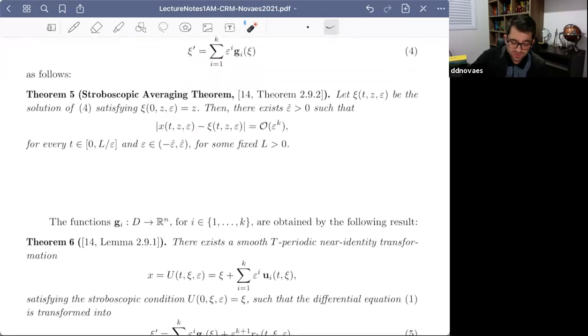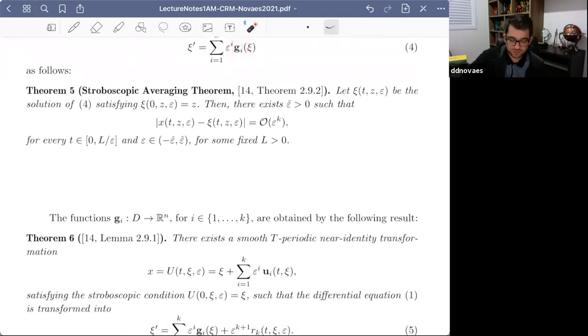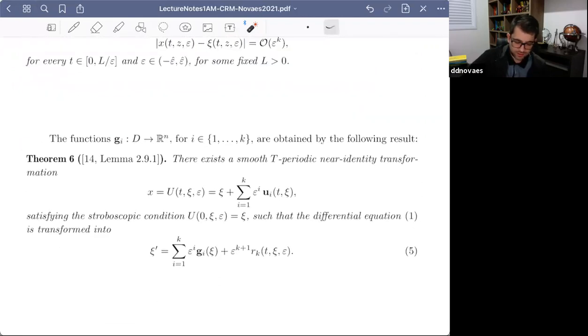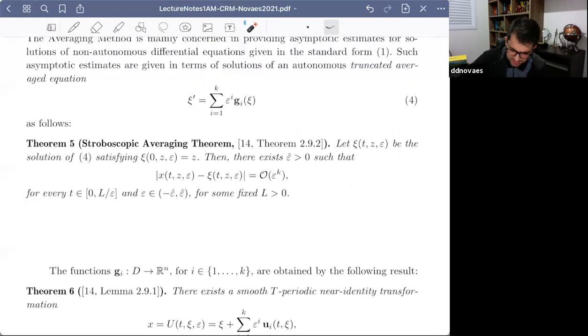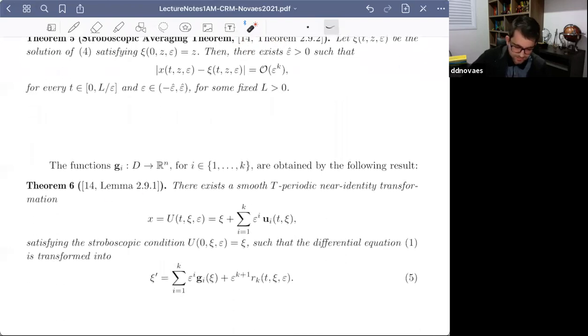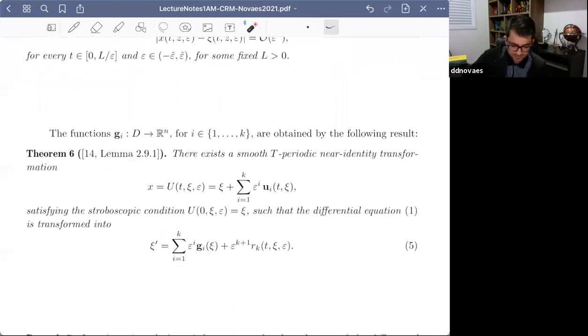And how can we find these functions, these g_i, that make theorem 5 true? It's obtained by this theorem. Here I'm indicating the reference where these theorems can be found. The functions g_i can be computed by doing a change of coordinates.